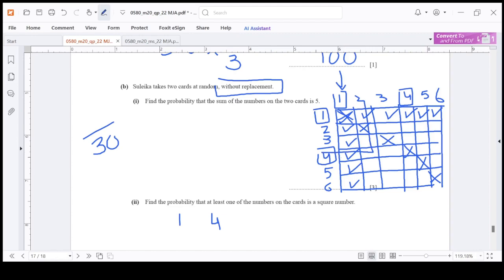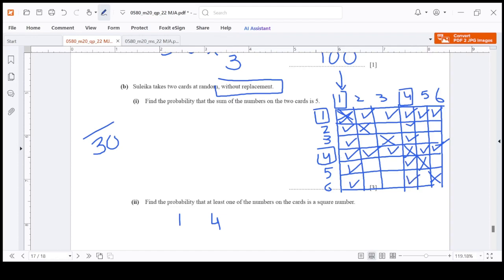Then 2 and 4 has a square number, 3 and 4 has a square number, 4 and 4 is not possible, 5 and 4 and 6 and 4. And then 4 and 2, 4 and 3, 4 and 4 is not possible, 4 and 5, 4 and 6.